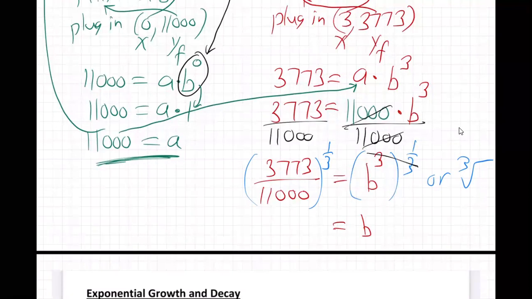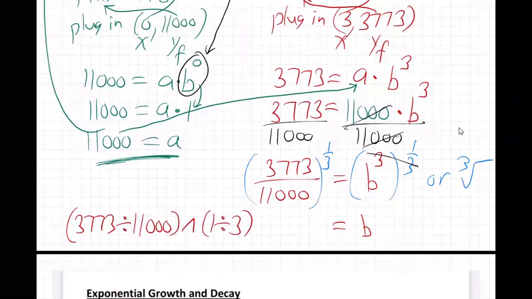These cancel, b's alone. Hit the buttons on your calculator, which is going to be what? You've got to do parentheses, 3,773 divided by 11,000, parentheses, to the power, parentheses, 1 divided by 3, equals. You've got to use parentheses around the main fraction, the 3,773 over 11,000, and around the 1/3, just to make sure it does everything right.